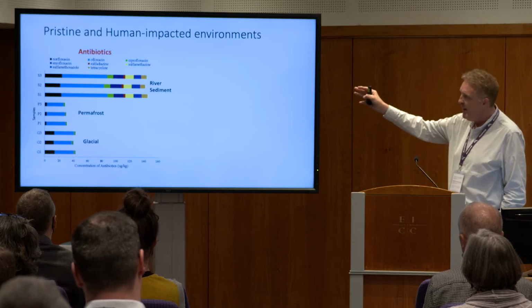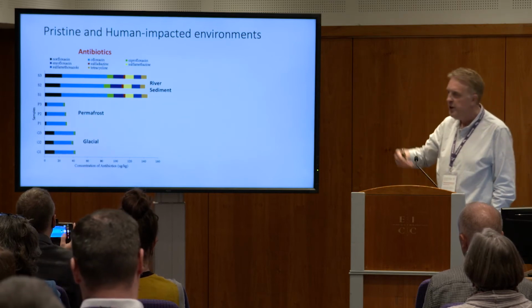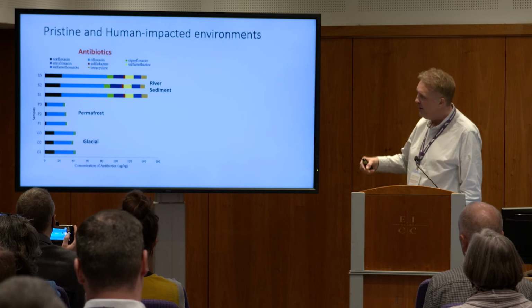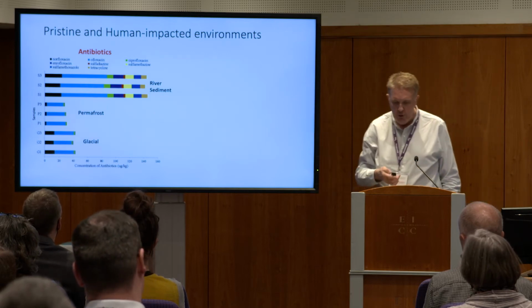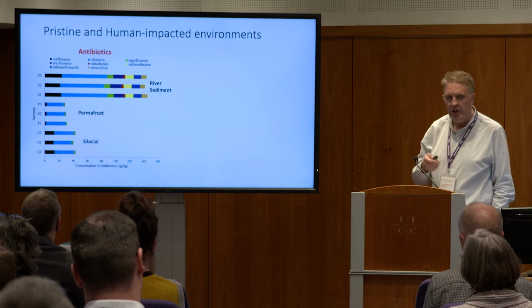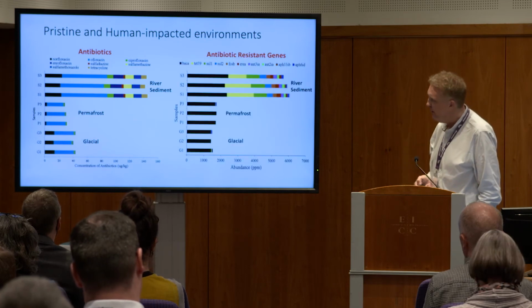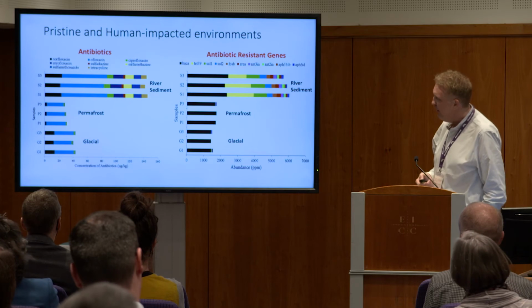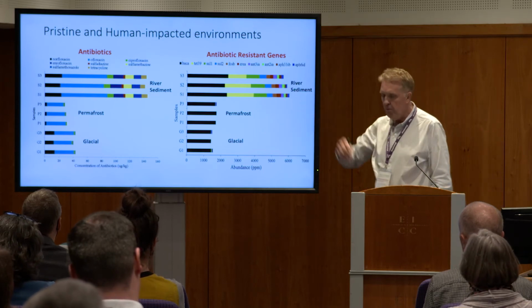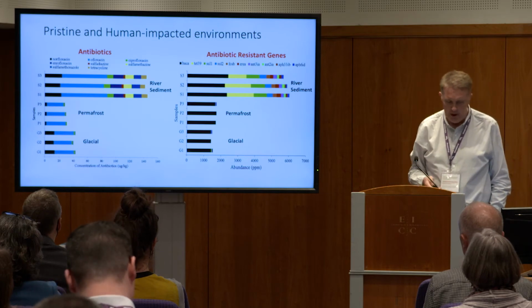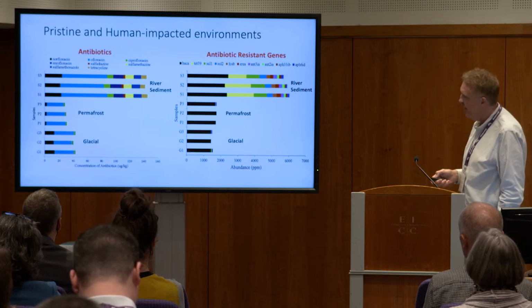But if you compare the levels to river sediment, which of course is impacted by human activity, the levels are small. So from here, human impact is increasing the levels already there. This one, looking at antibiotic-resistant genes, is the same story: they're there, but when it's impacted by humans, they're there in much higher levels.